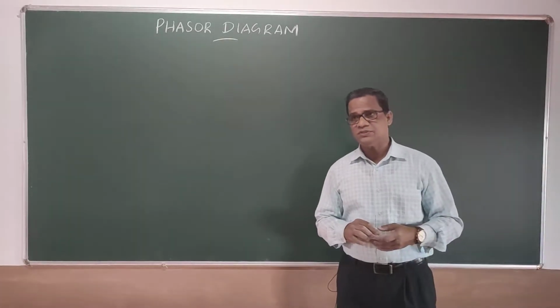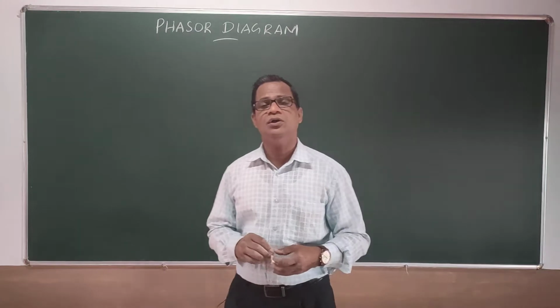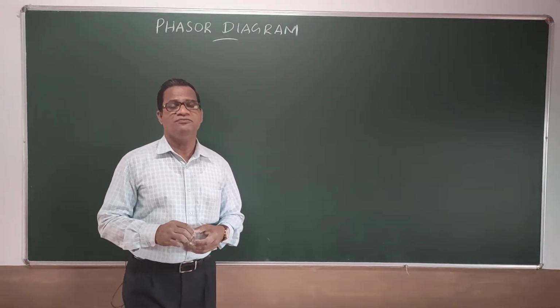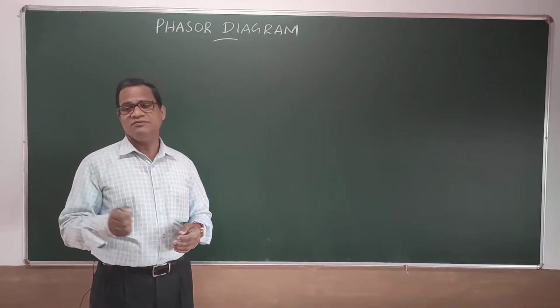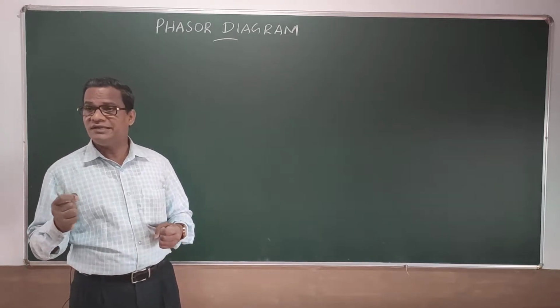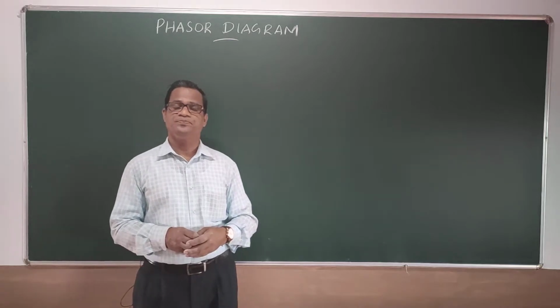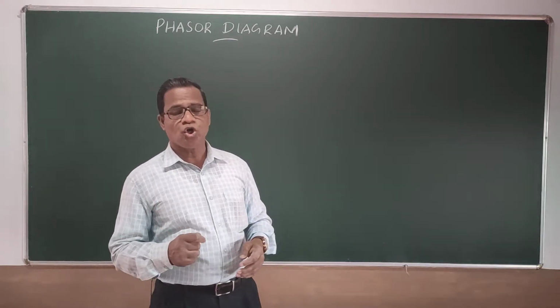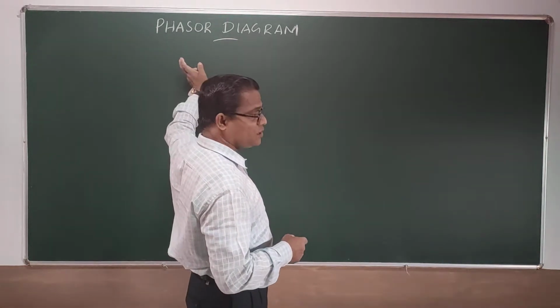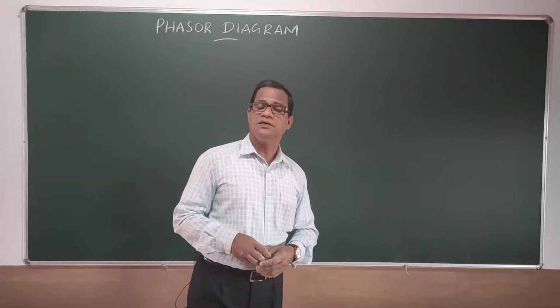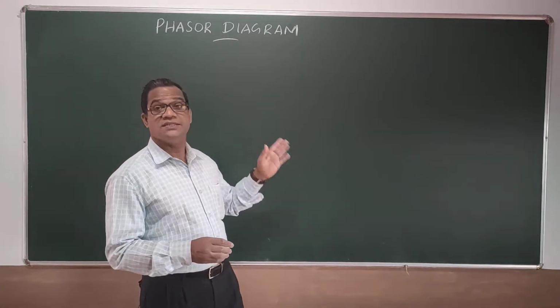There we use a new technique, the idea of a rotating vector, and that rotating vector we call a phasor. The diagram drawn using this rotating vector we call a phasor diagram.